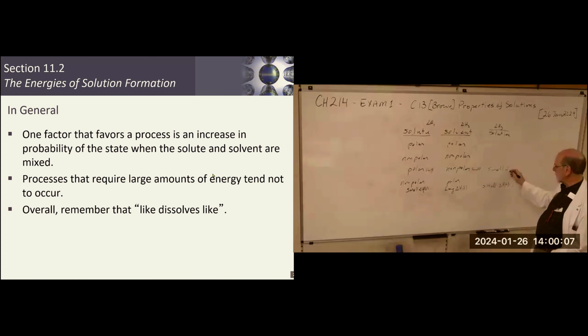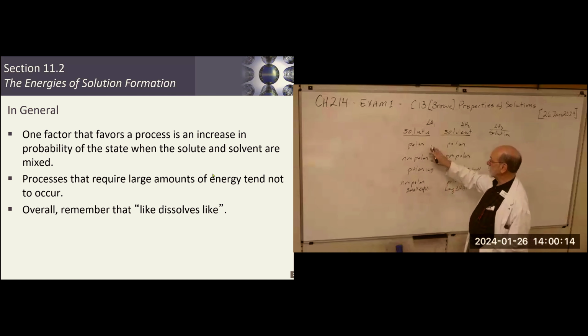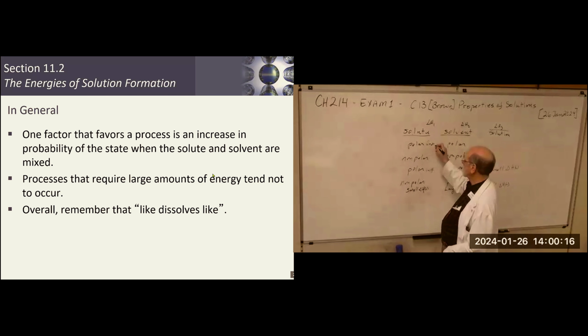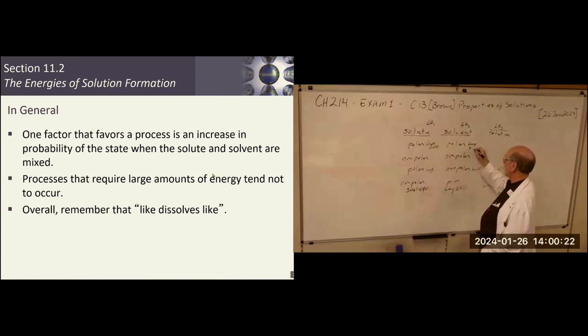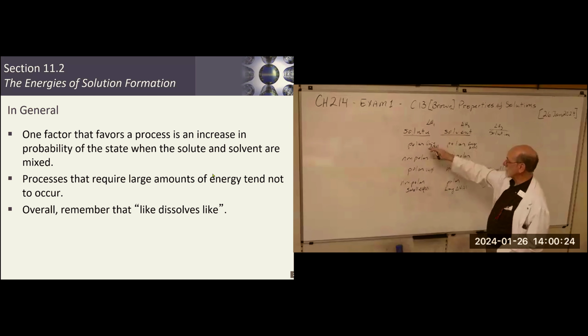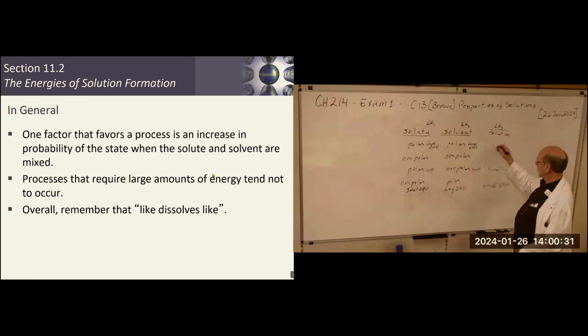So you've got small delta H for the solution for either one of these. For this one, you have large delta H positive. You have a large delta H positive for this one. Just getting those molecules apart. But once they're apart, they come back together and give you a lot of energy back. So this one is large delta H negative. That favors a solution.